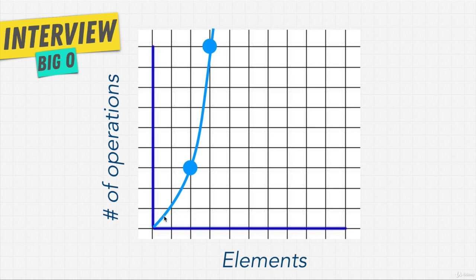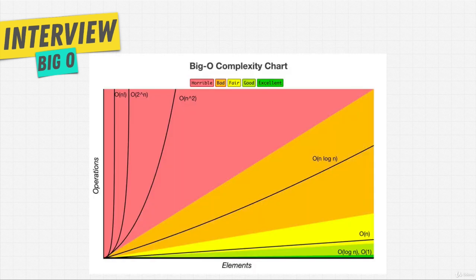And you see here how the line is now bent and it increases, well, quite fast. If we go back to our big O graph, we see that O of n squared, well, it's horrible, as in it's pretty slow. As the number of elements increases, the number of operations increases significantly.